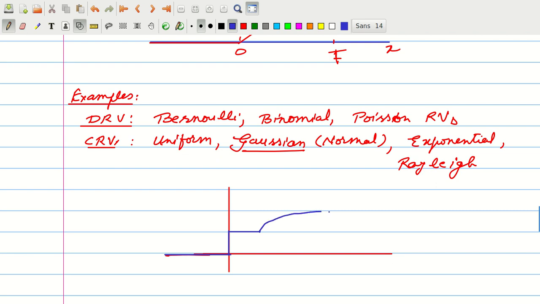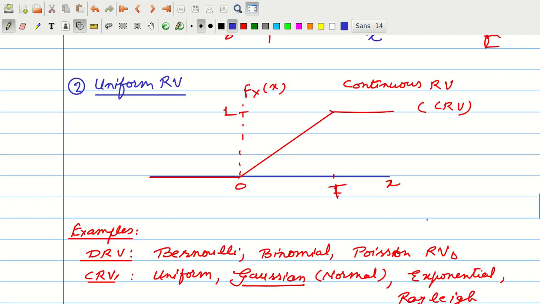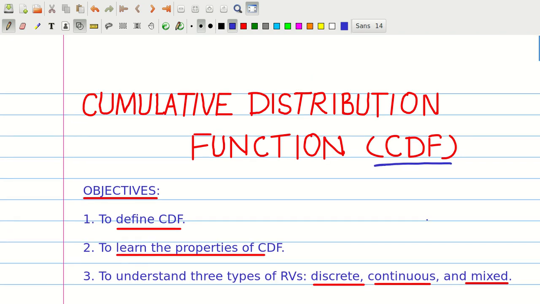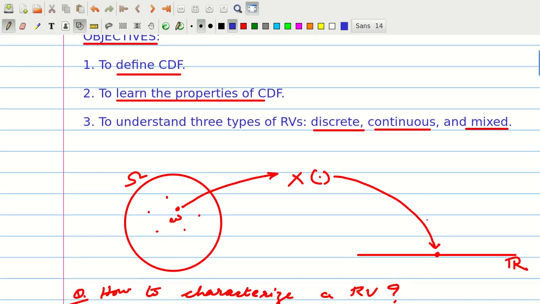So such a CDF characterizes what we call a mixed random variable. So this is a mixed random variable.